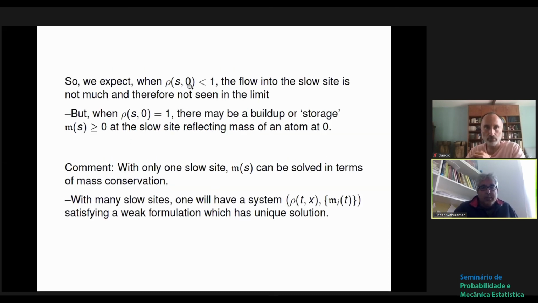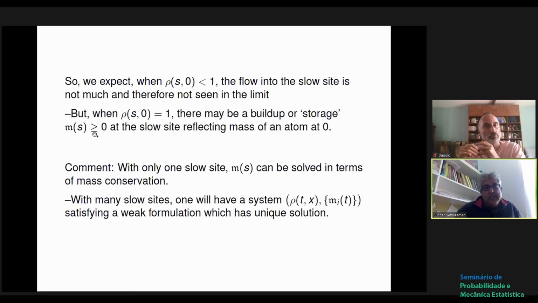So rho should always be, at the macroscopic defect, less than or equal to this max density. If it's strictly less, then the flow into the slow site is not much, and it doesn't matter. But if the density actually equals this max density value, then some of the density is leaked into the defect, there's storage, and so an atom forms.